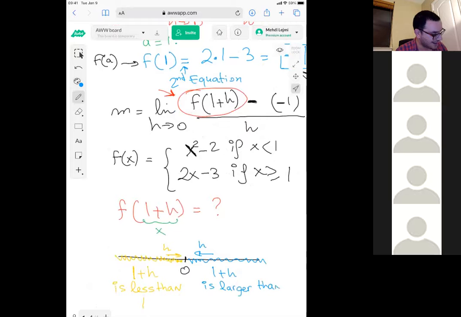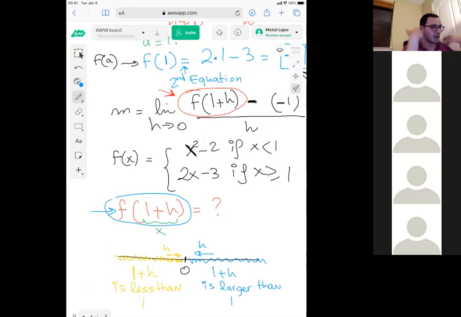How do we know if we're on the right or left side, though? For the 1 plus h? Because you need to evaluate f of 1 plus h, so you need to figure out which equation to use, the first or the second.